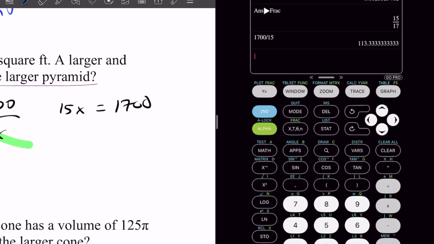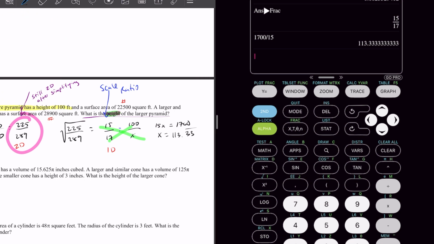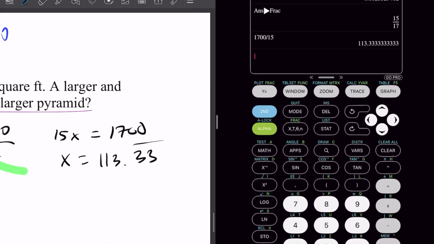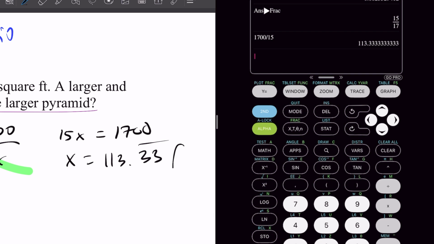You see a repeating number of threes. So we're just going to write our answer as x equals 113.3 with the bar above the 3. And our unit, okay, so I see square feet, but this height being one-dimensional, we just say feet.